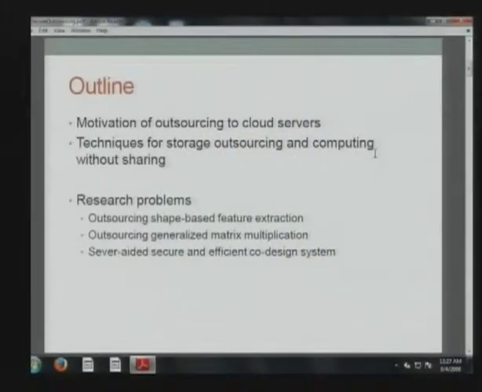And then I will present some techniques for general storage outsourcing and techniques for computing without sharing, just in case some of you may not be familiar with the topic. After that, I will present our research problems, which include shape-based feature extraction, generalized matrix multiplication, and the server-aided secure and efficient co-design system.